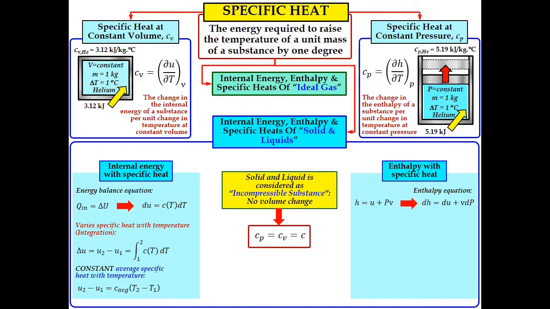If we consider a very small portion of enthalpy, we have dH equal to dU plus V dP, and we make integration, so we'll have delta H equal to delta U plus V delta P. Okay, so substitute the value of delta U with C average delta T, the relationship between the specific heat and the internal energy. So we'll get delta H equal to C average delta T plus V delta P.